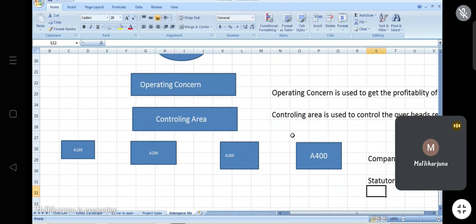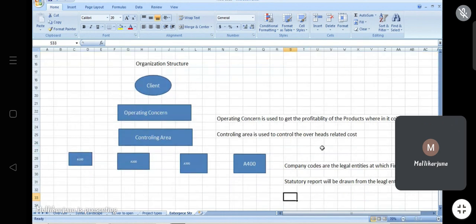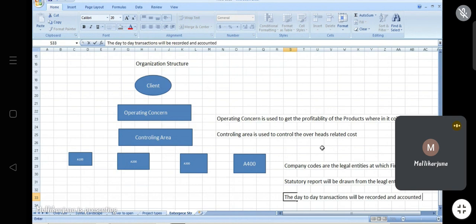Also, the day-to-day transactions will be recorded, accounted, and analyzed at company code level.